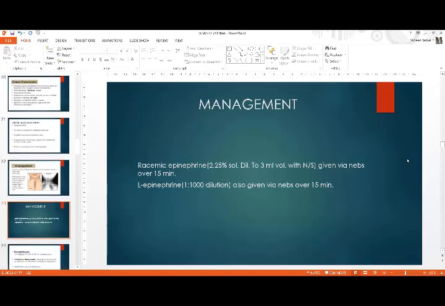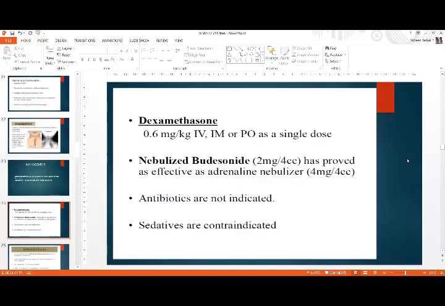How will you manage it? Racemic epinephrine, that is a 2.25% solution diluted to 3 ml volume with normal saline, is given through nebulization over 15 minutes, or epinephrine in 1 in 1000 dilution is also given by nebulization for 15 minutes. Dexamethasone 0.6 mg per kg, IV, intramuscular or oral, is given as a single dose.